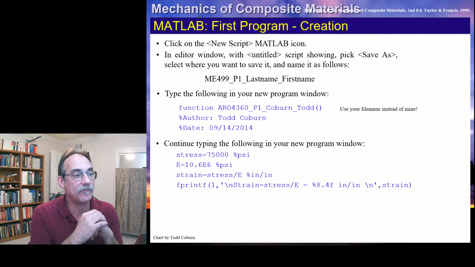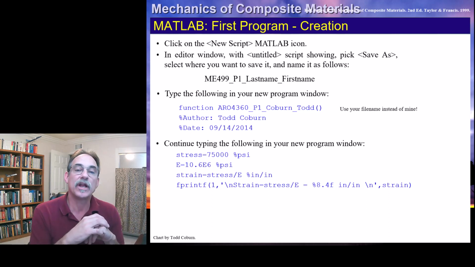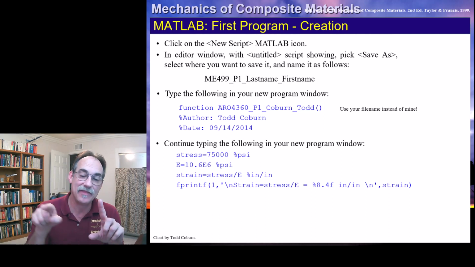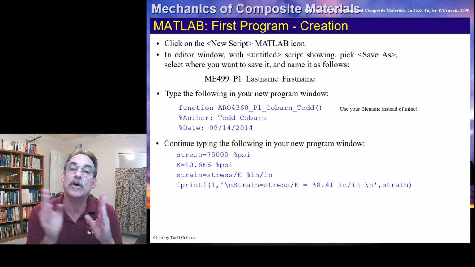And the 8.4, the way that works is you can use integers and fixed numbers, real numbers. We're going to use that percentage sign, and then at the back of that you're going to see the little f telling it what kind of number you're going to have, which means a real number, which means you can have decimal places. And then between those, what it's looking for is telling you what it is.